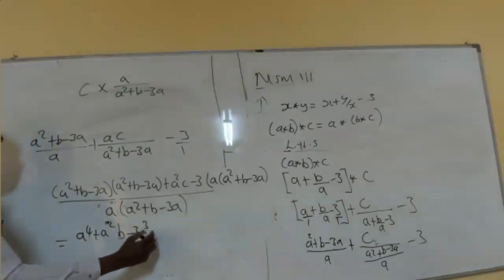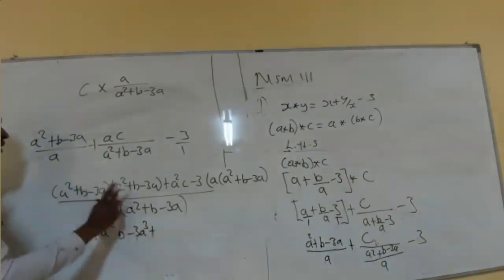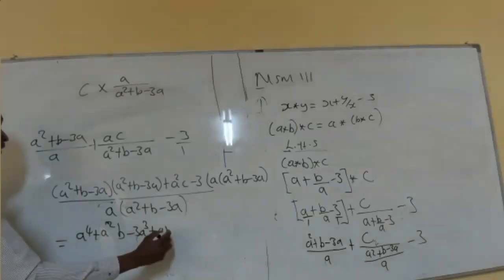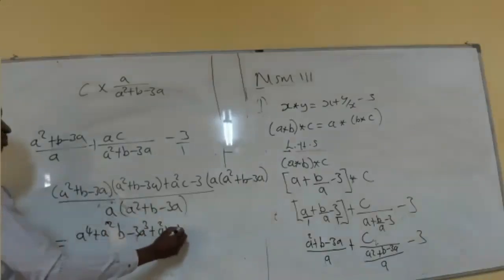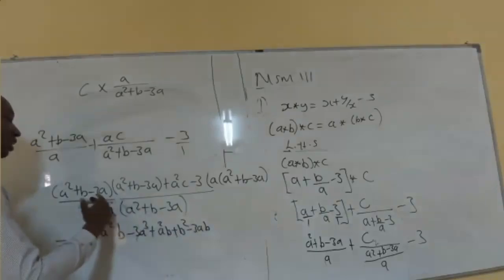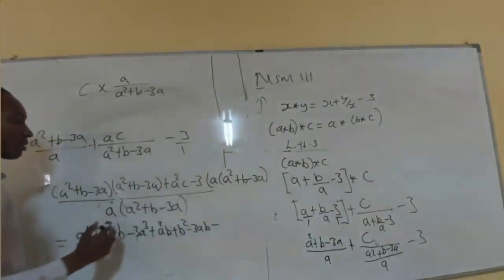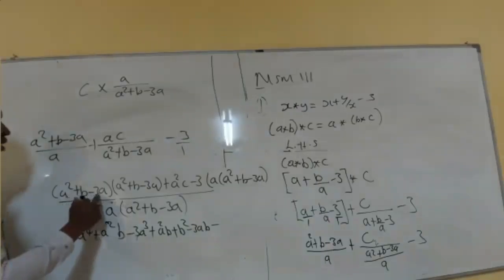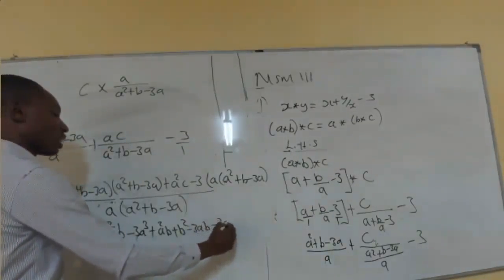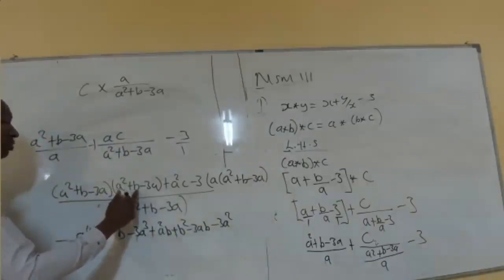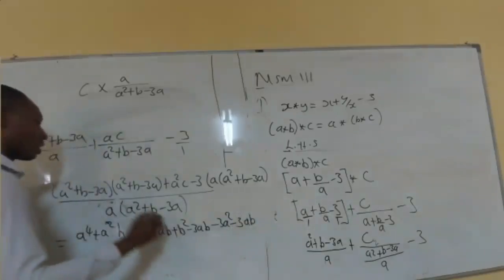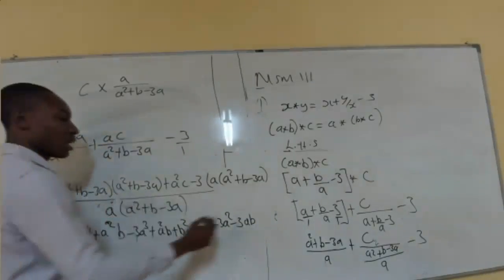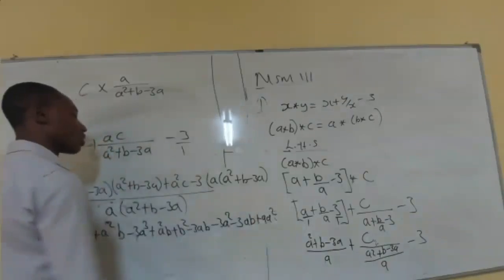Then plus B times that: B times A squared is A squared B, then B times B is B squared, then B times 3A is minus 3AB, then minus 3A multiplied by 3A is minus 3A squared, minus 3A multiplied by B is minus 3AB, then minus 3A multiplied by minus 3A is plus 9A squared, right?